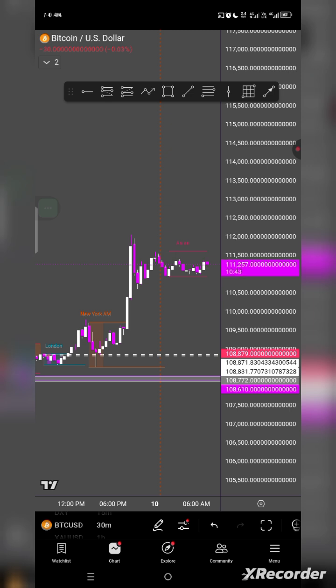I actually took some trades yesterday, but I did not do a trade to cap on that. I just want to mark out my zone, then I'll go down to my 5 minutes time frame. I'll go down to the 5 minute time frame.